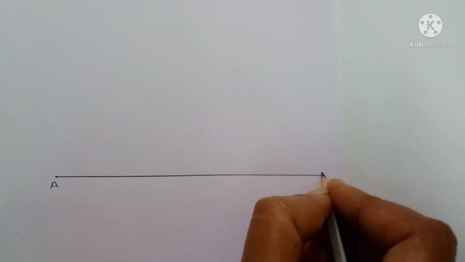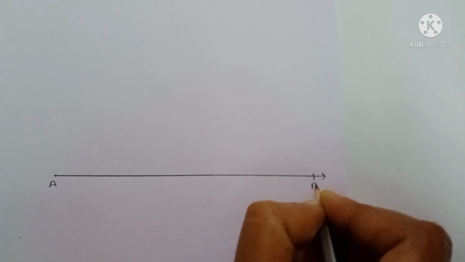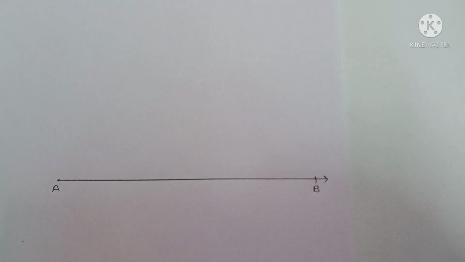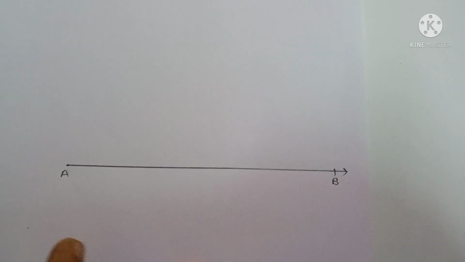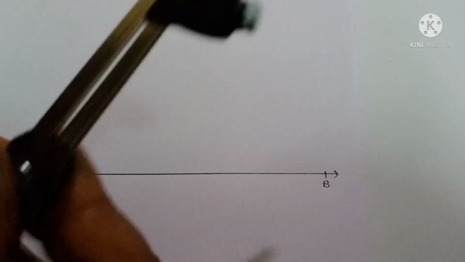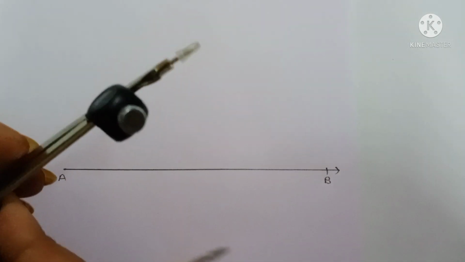Mark A, B. We draw the ray AB. Next, take the compass.